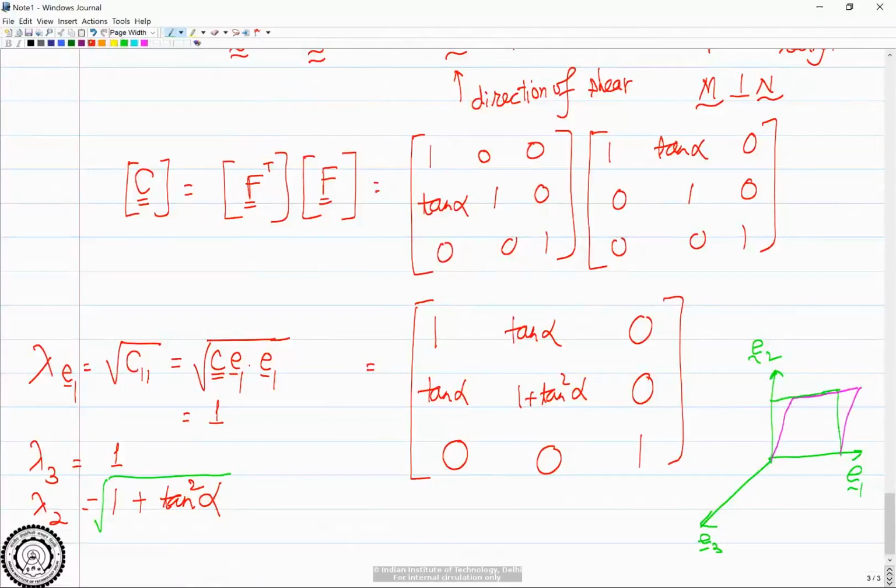Now you see what is the length of this line element. So this is the E2 element, right? This is the E2 element because it has to be directed along E2.